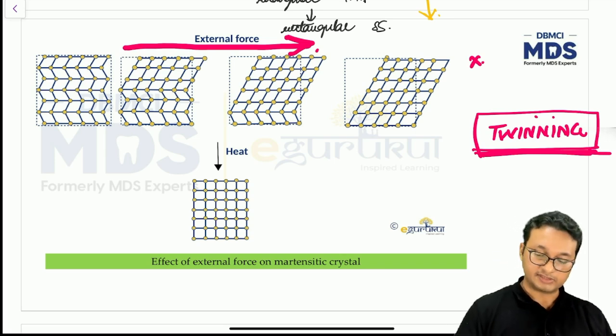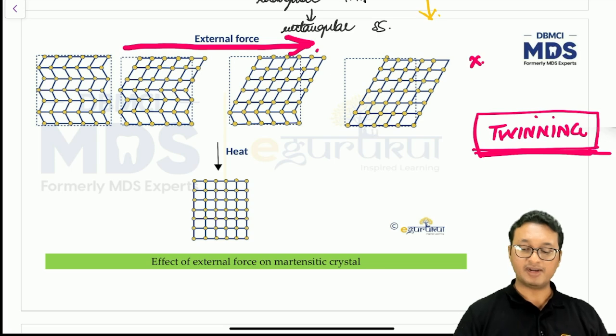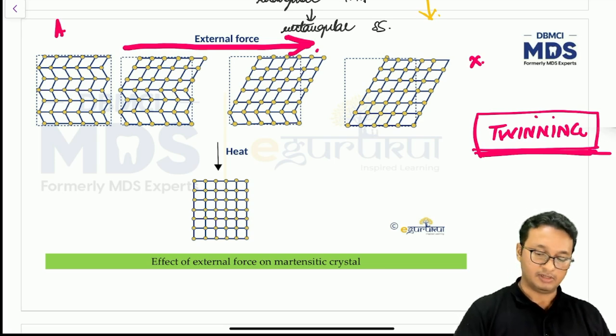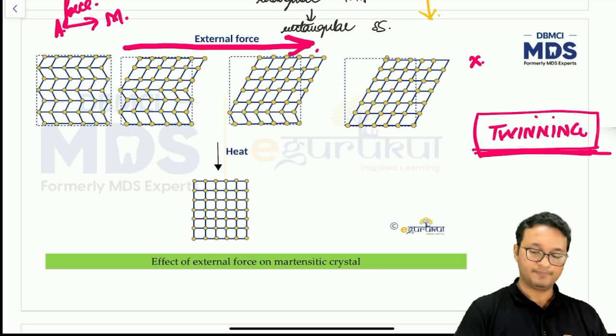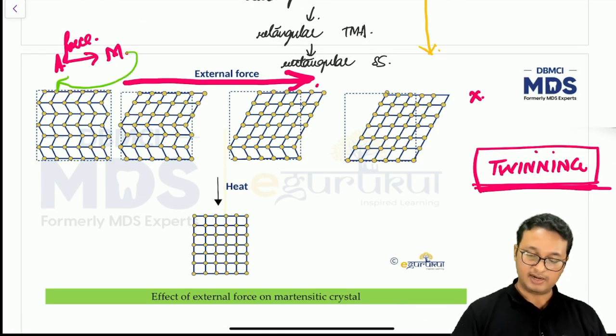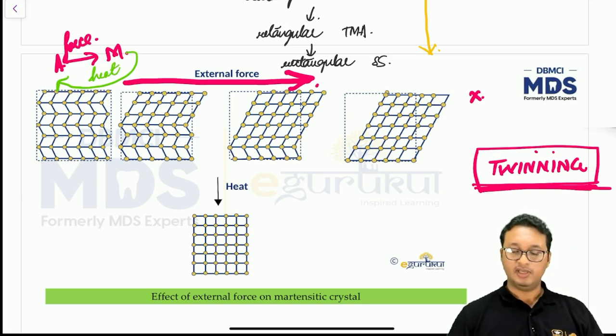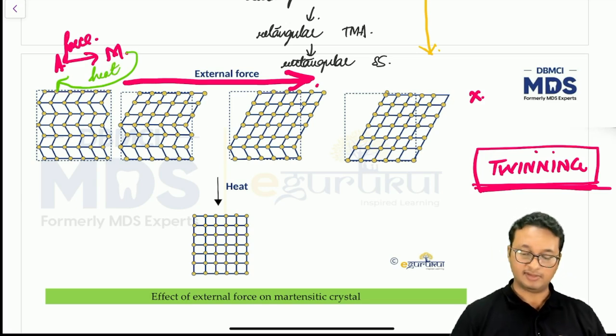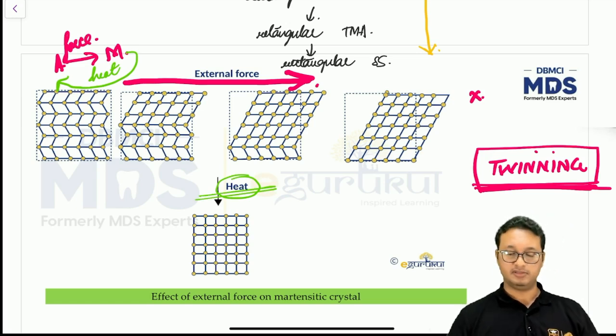Now the austenitic form is converted to the martensitic form. Austenitic converts to martensitic under the influence of force, and martensite gets converted back to austenite under the influence of heat. You can see here, if the deformed martensite is acted upon by heat, it gets converted back to austenite.